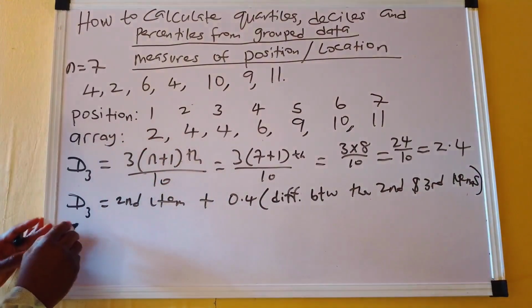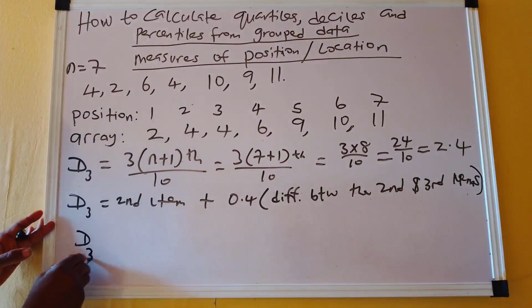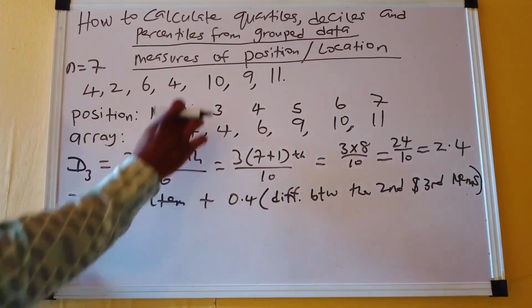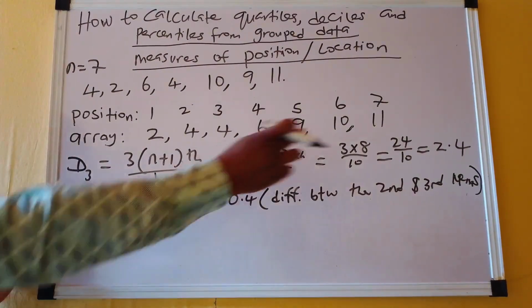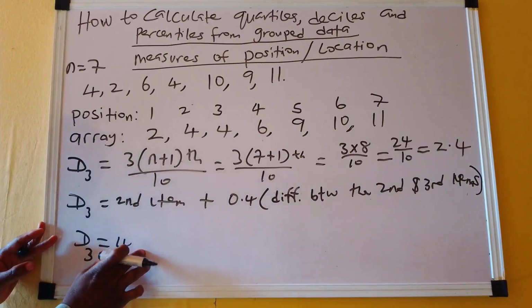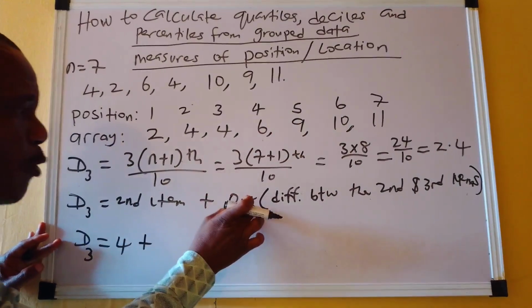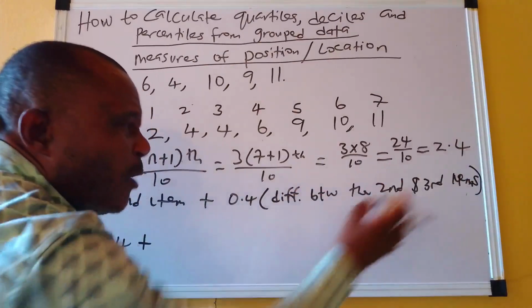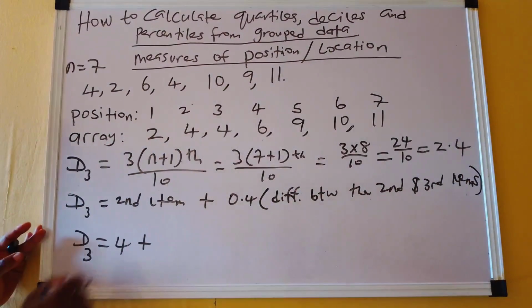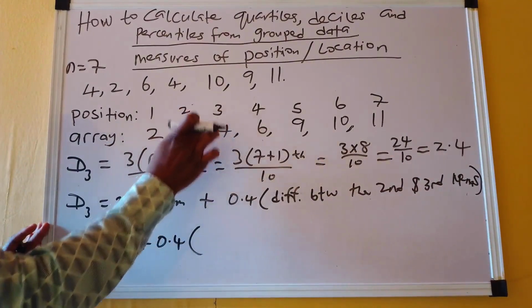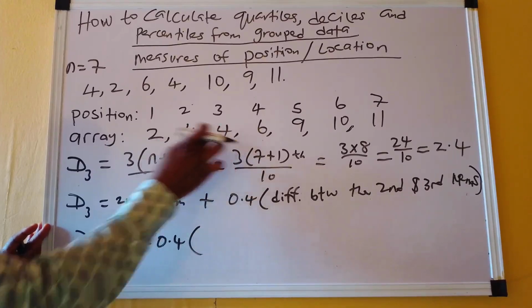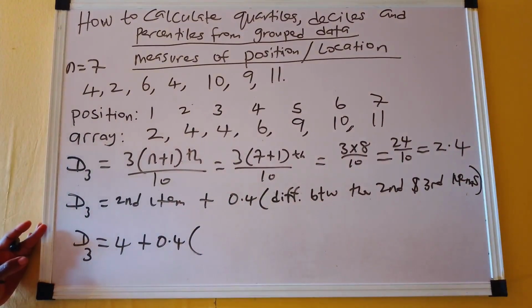Now I will explain. Now our D3 is equal to the second item here, which is 4. That is what we have gotten because it's 2.4. So you write it down, 4. Then plus this 0.4 that is left, we are not going to throw that away. So you are going to multiply it by the difference between the items in the second and third positions.